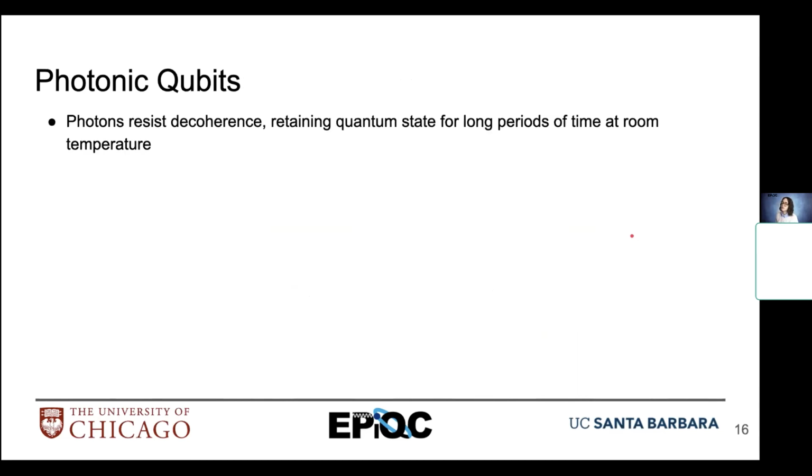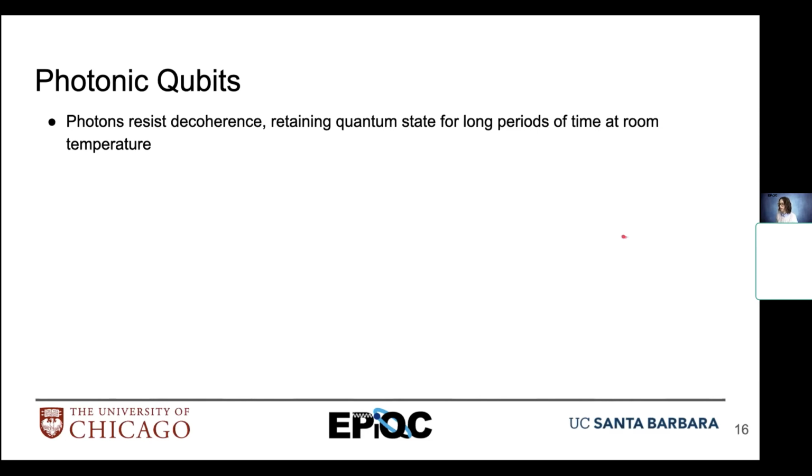So let's look a little bit more in depth at photonic qubits. Photons resist decoherence, and they retain a quantum state for long periods of time at room temperature. Because of that, photons are looked on favorably, because they're so resistant to decoherence. They don't want to interact with their environment.